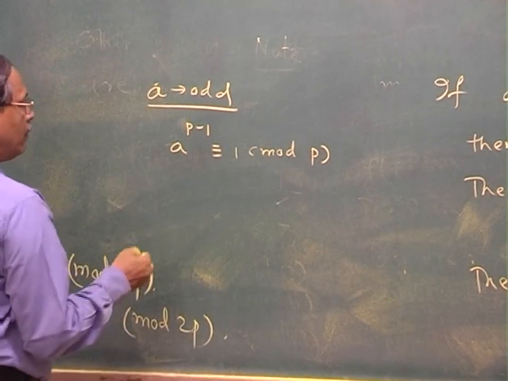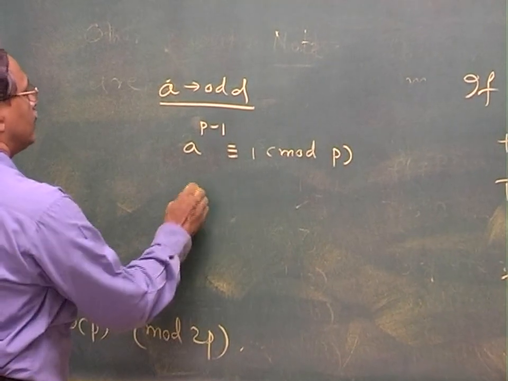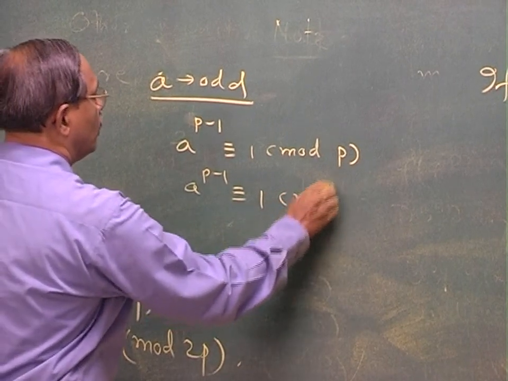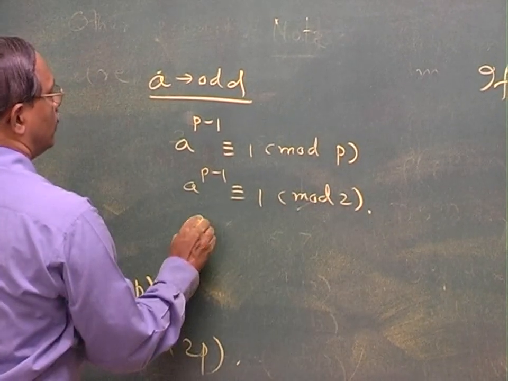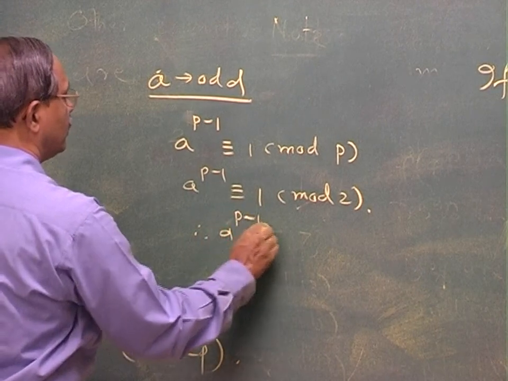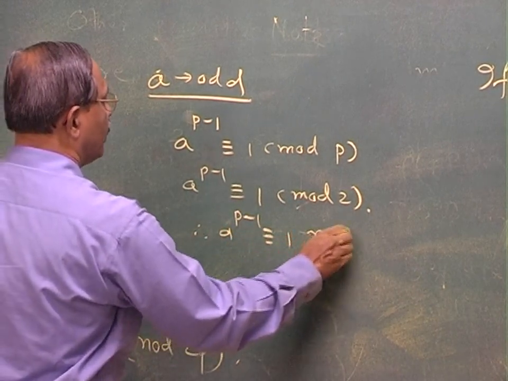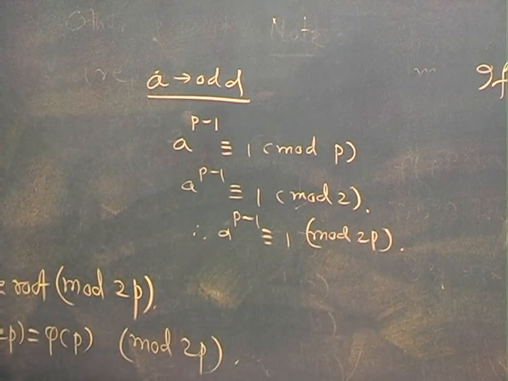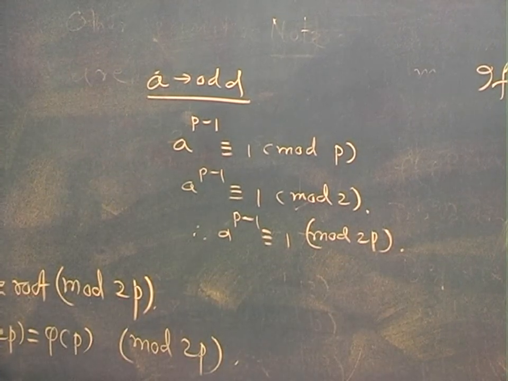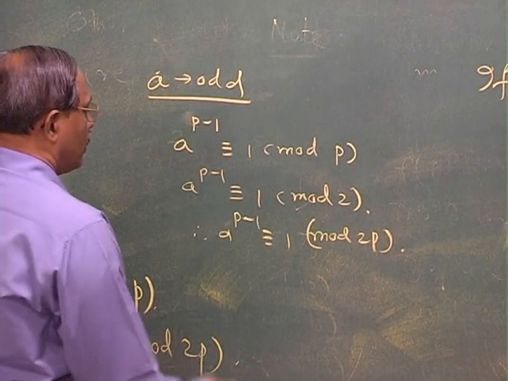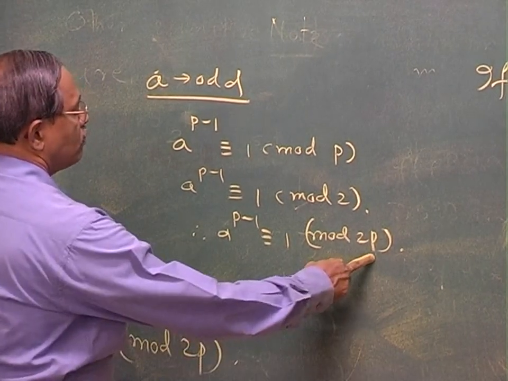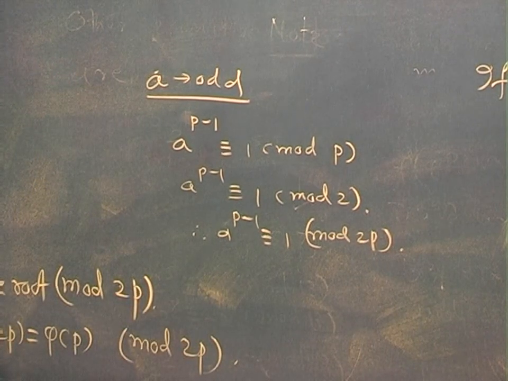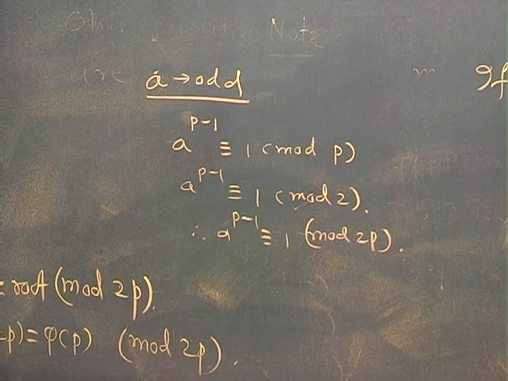This anyway we have, and A raised to p minus 1 is also congruent to 1 mod 2. Therefore A raised to p minus 1 is congruent to 1 mod 2p. Now this you can also get by Fermat's little theorem. So the order of A mod 2p divides p minus 1.